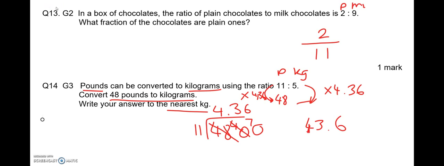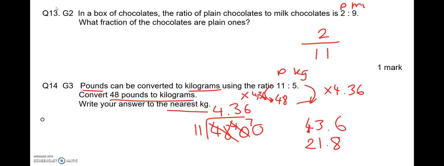So halving it now, we'd get half of 40 is 20, so I'll put 2 down. Half of 3 is 1.5, but I'll put the 1 in here and transfer 1 over to the 6. So half of 16 is 8. So 21.8 is half of 43.6.